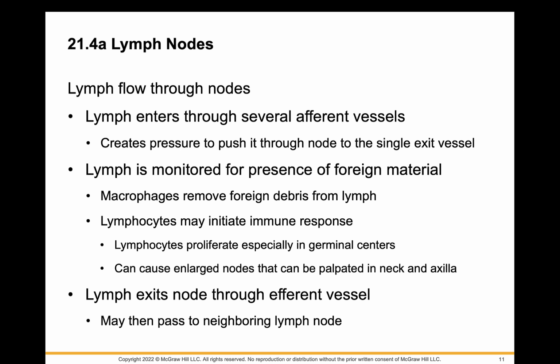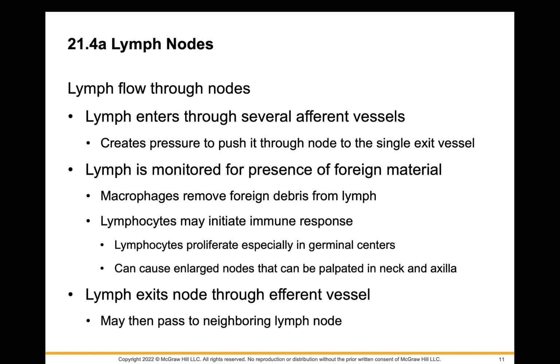Now, keep in mind what's happening with lymph nodes. The lymph will flow through these various nodes, and remember, it's going to enter a node through one of several afferent vessels. Because there are multiple ways to enter the lymph node, this creates a pressure or a hydrostatic force that is going to move that lymph through the node to the efferent vessel so that it can leave the lymph node and then probably go into another lymph node.